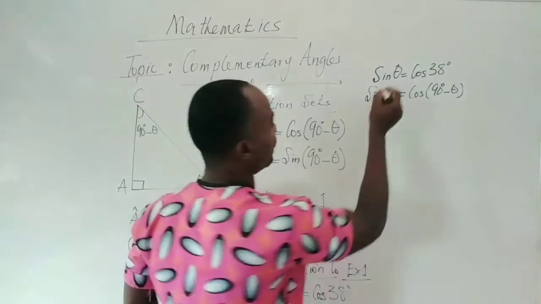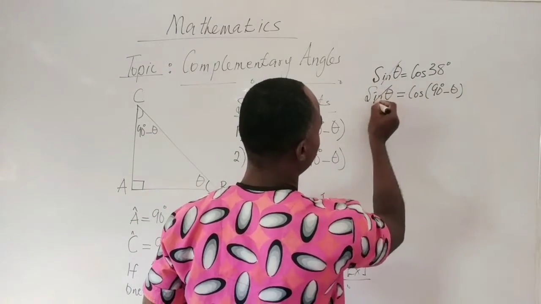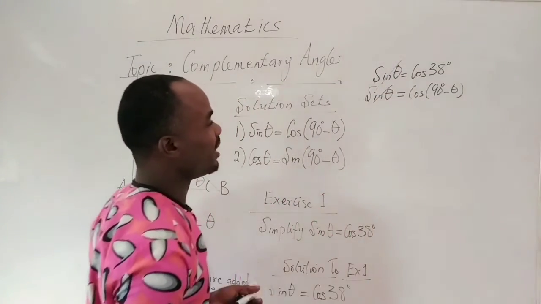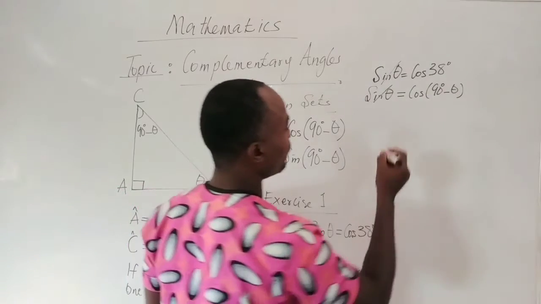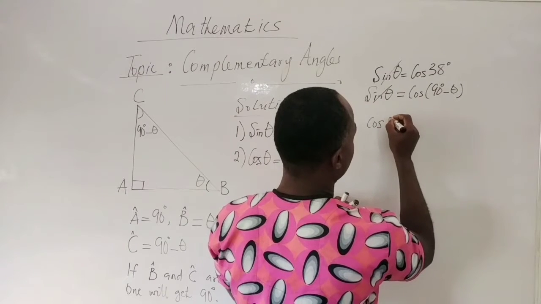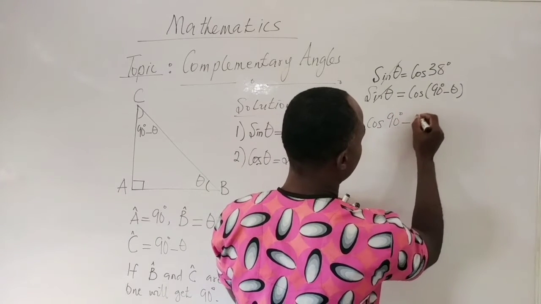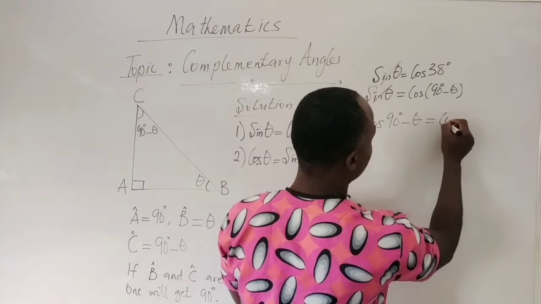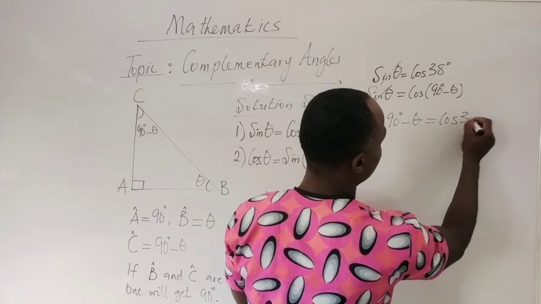So let's begin with the first one. We cancel out sine theta, and we are left with cos 90 degrees minus theta, equals cos 30 degrees.